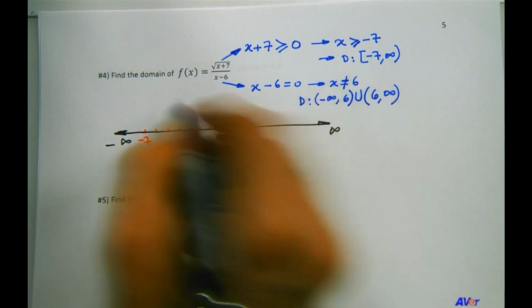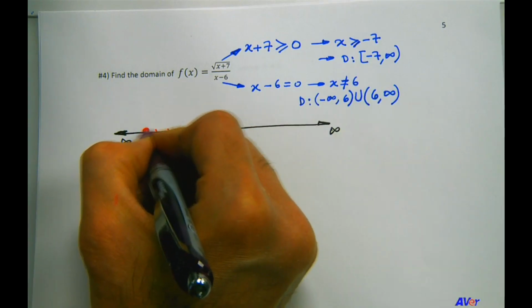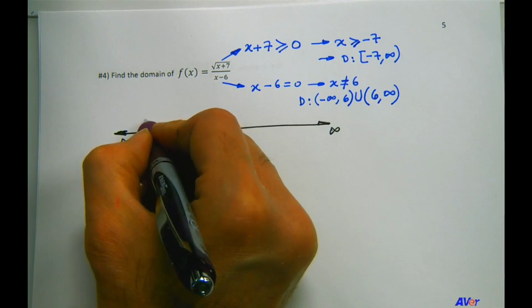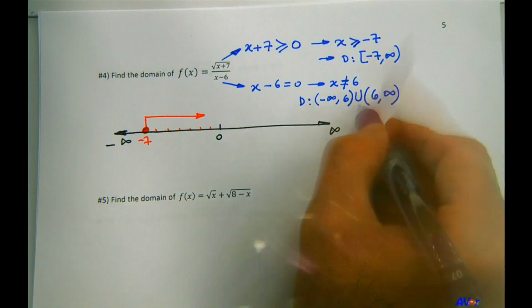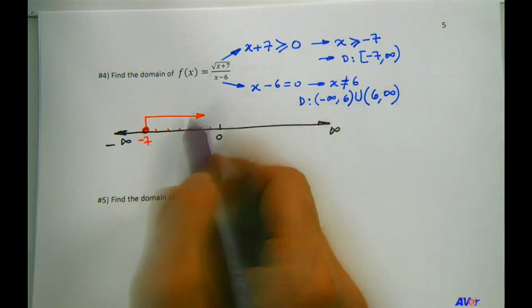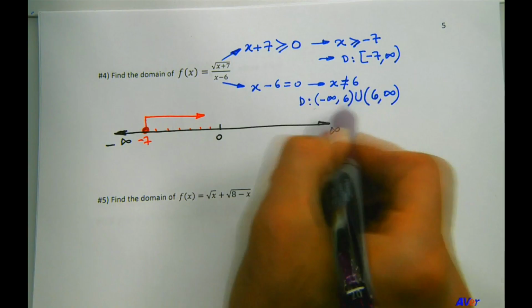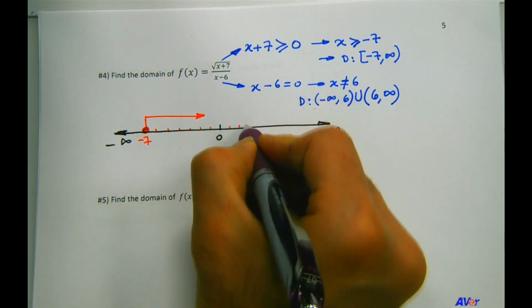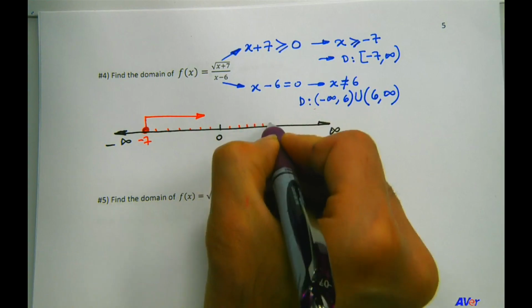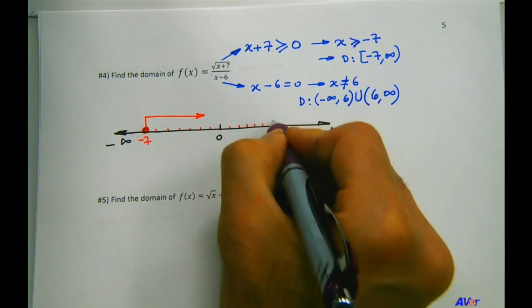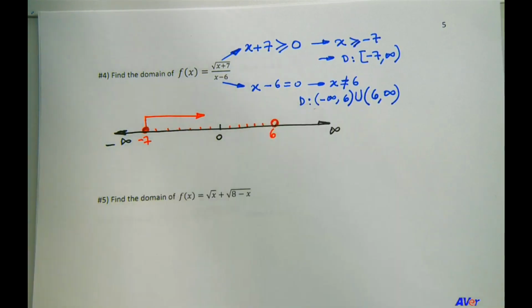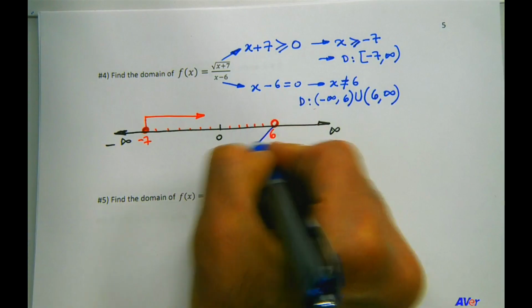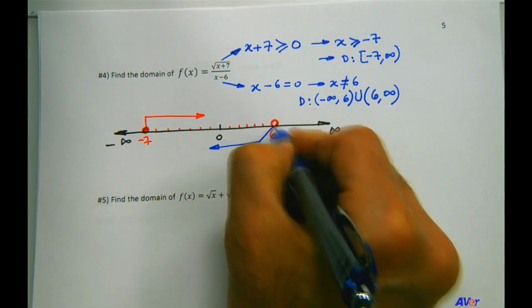It says the domain is this. It says the domain is that. The denominator says, no, that's not the domain. The domain is these two pieces together. So that's positive 6. So 1, 2, 3, 4, 5, 6. It says except 6, the domain is this way and this way.